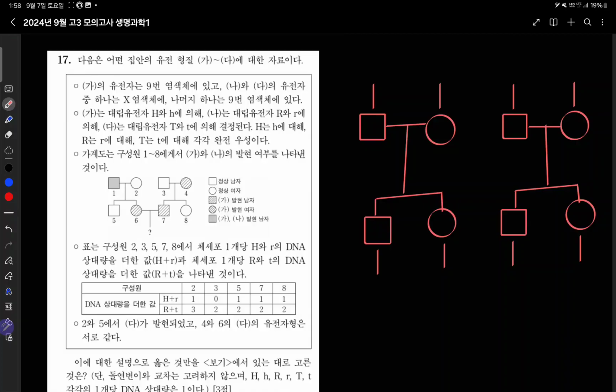Hello everyone. In this problem, there is a family with 3 traits. A gene for the first trait is located on chromosome number 9. Of the genes for the second and third traits, one is located on the X chromosome and the other is located on chromosome number 9.